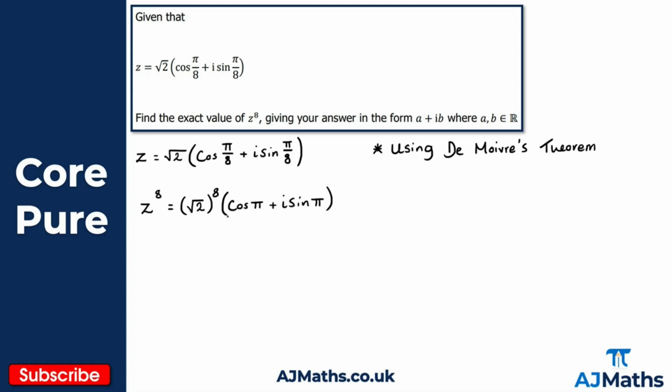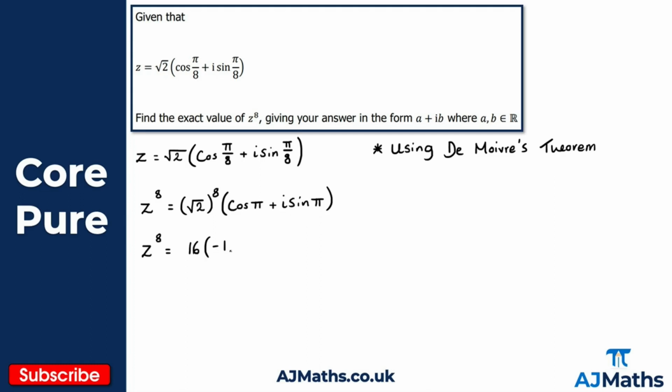So now if we evaluate this as we go along, we've still got z to the power of 8. The square root of 2 to the power of 8, you could just put that into your calculator. That would be 16. We get 16 times cosine of pi. Either you already know the exact value, or you can put it into your calculator if you're not too sure. That would be minus 1. And sine pi, again, either knowing your exact values or using your calculator, would give you 0.